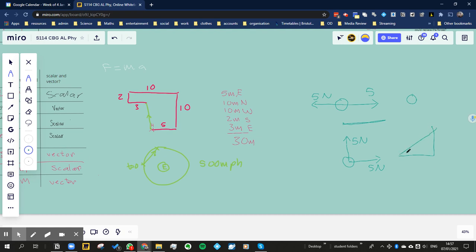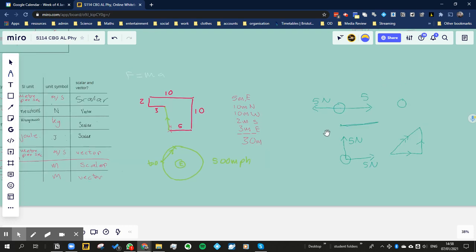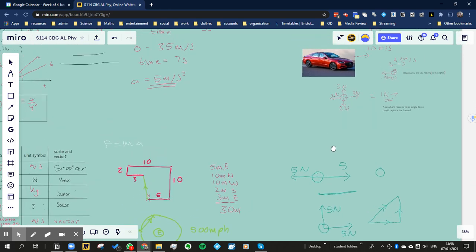Well, it's from there to there. So that would be the resultant displacement. And because we add them in exactly the same way, it's also the resultant force. I won't go into how we do that, but I'll briefly say it's Pythagoras, and I'll leave it at that to calculate it.